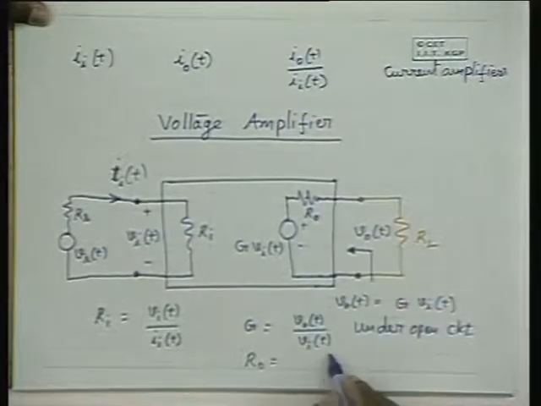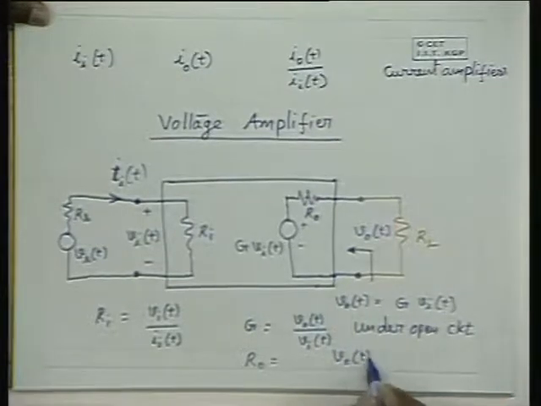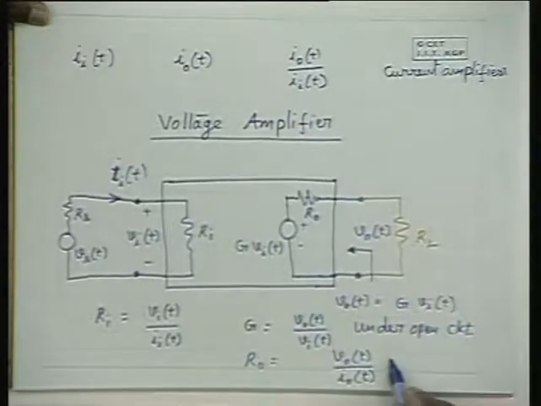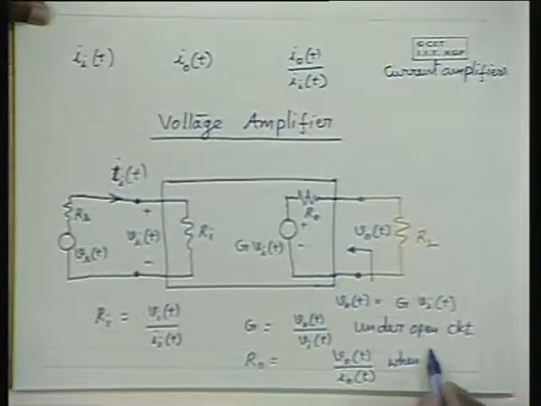So R0 is the applied external voltage VOT divided by the current that flows into the output terminals when the input is short circuited.